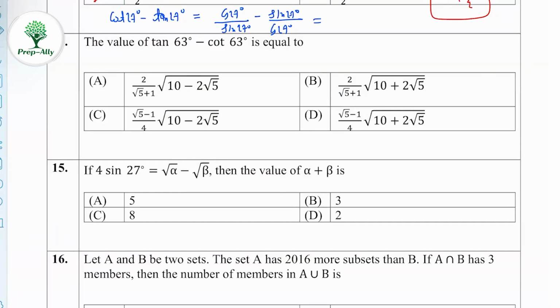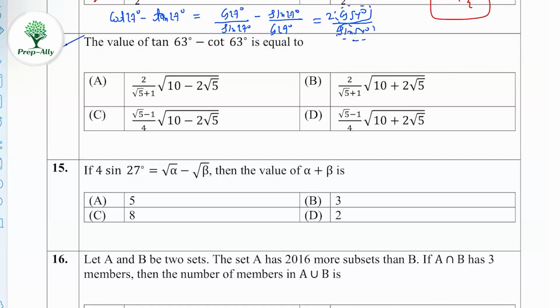So this will be LCM: cos square 27 minus sin square 27 is what? Cos 54 degree. Sin 27 cos 27 divided by, multiplied by 2, sin theta cos theta is what? Sin. Now apply the value of cos 54, the value of sin 54 degree and substitute.